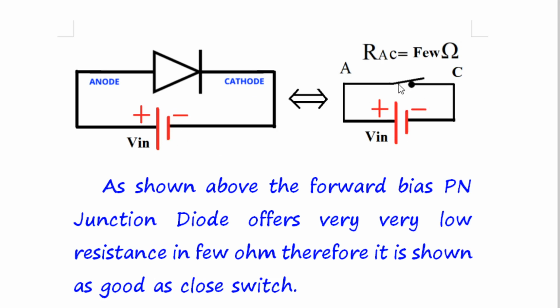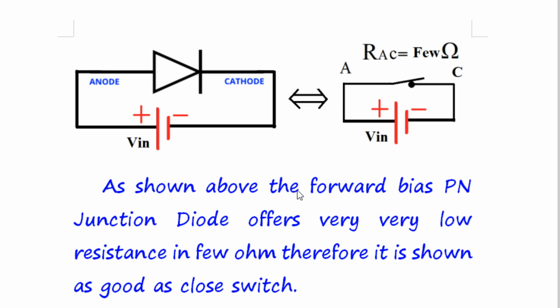Therefore, it is replaced by a closed switch. But remember, it is not a perfect closed switch, because the AC resistance between anode and cathode of the diode is a few ohm, whereas for a closed switch the resistance is zero. So it is only considered like that.